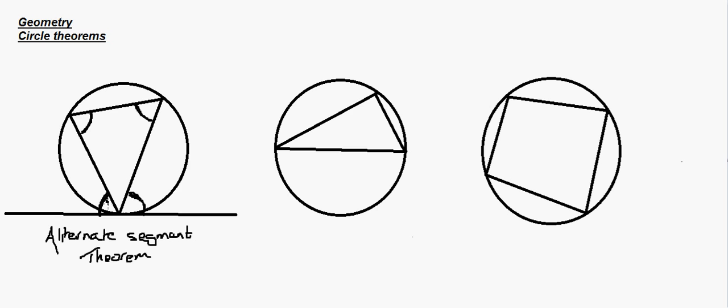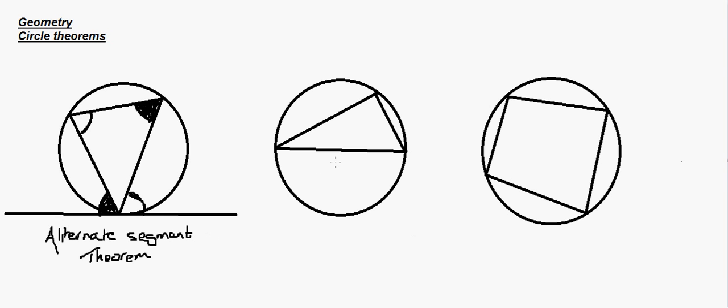So this angle here is equal to this angle here, furthest away. So if they said to you this angle here is 80 degrees, what's the angle here? We would say 80 degrees. Why? It's the alternate segment theorem.